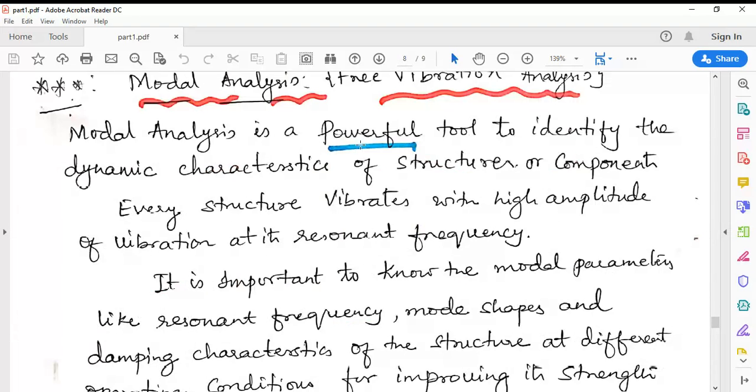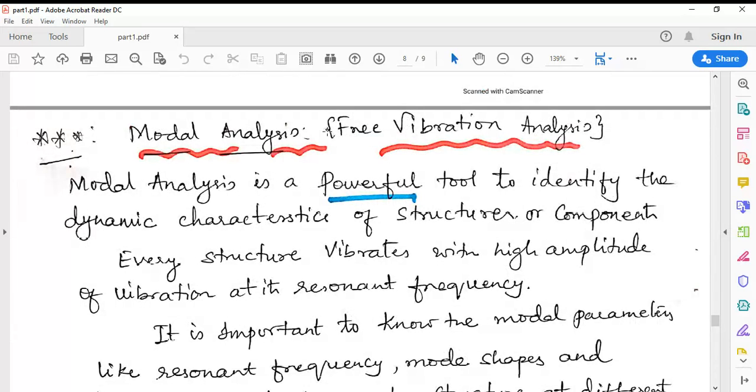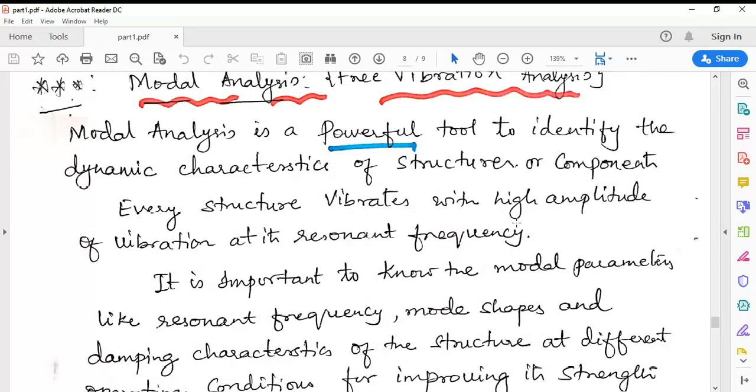Now coming back to a very important analysis that engineers do in the beginning, we call it modal analysis, the free vibration analysis. Modal analysis is one of the powerful tools to identify the dynamic behavior of the structure or components. What do you mean by modal analysis? All of you are aware every structure vibrates with high amplitude at its resonance frequency.